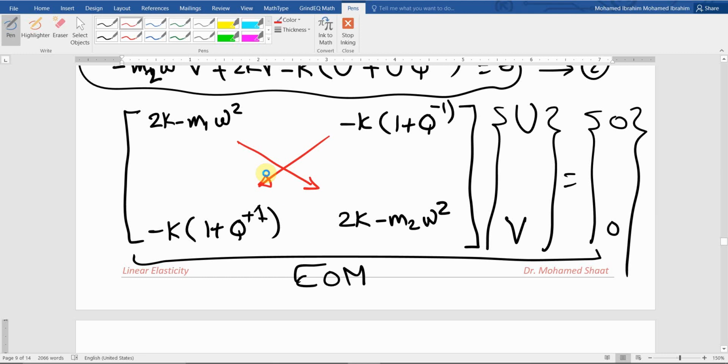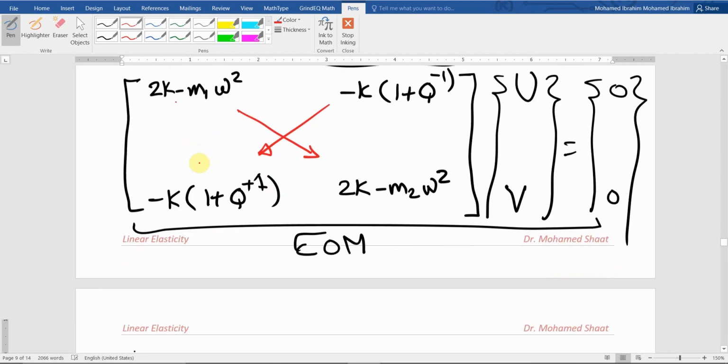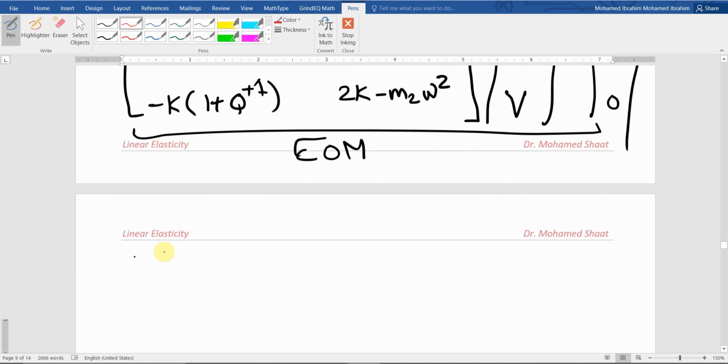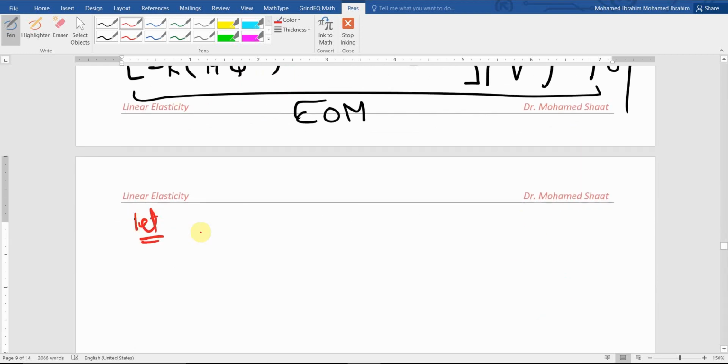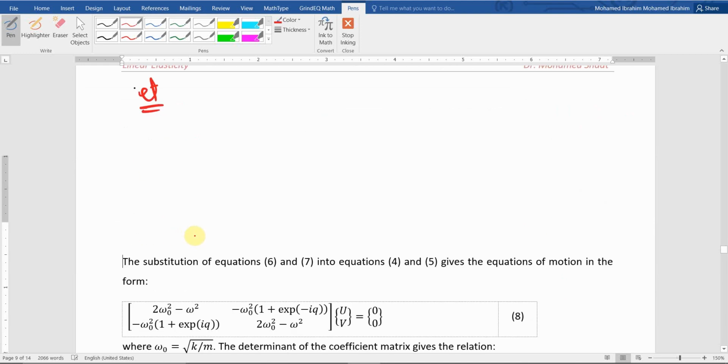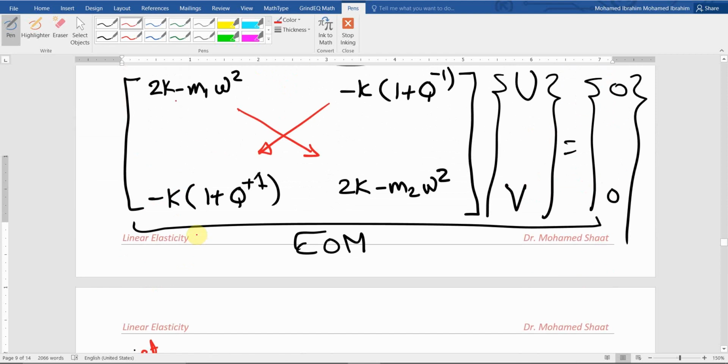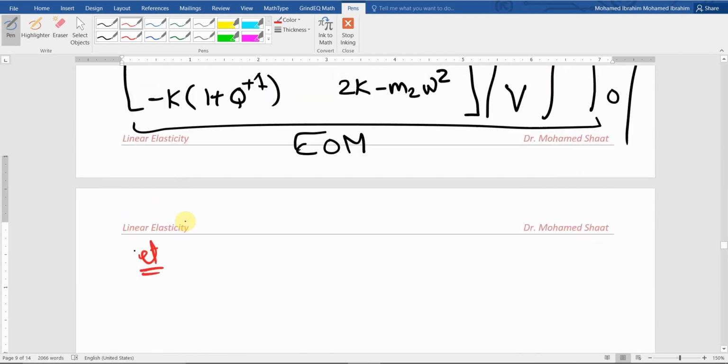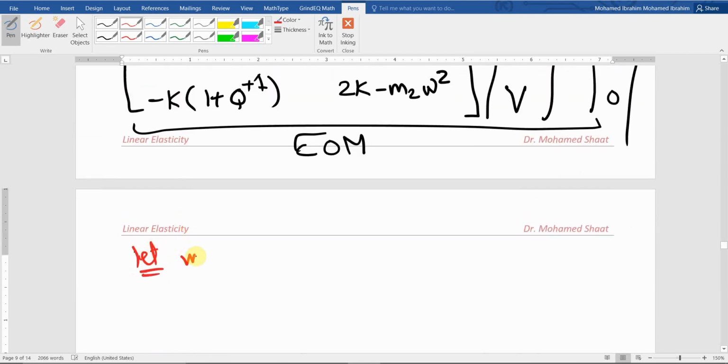But before we do so, let us assume some things here. I'm using here omega 0. Let us assume that m1 equals m2 equals m. To make it more simple, we are using the same mass.